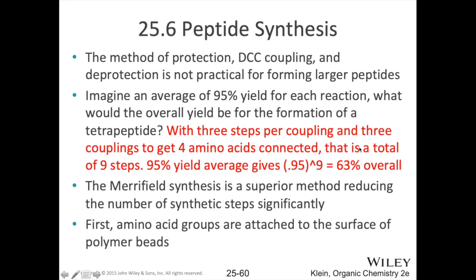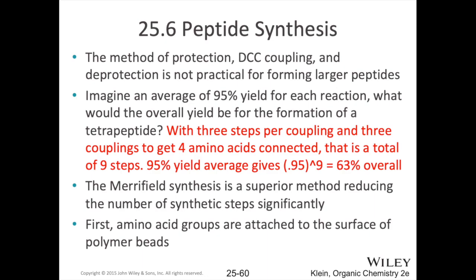So that's where these losses really add up, and so even with just 4 amino acids linked together, we're dropping down to a 63% yield. Okay, so to get around that, we have another method called a Merrifield synthesis, which cuts down your number of synthetic steps and therefore will give you a better yield overall.